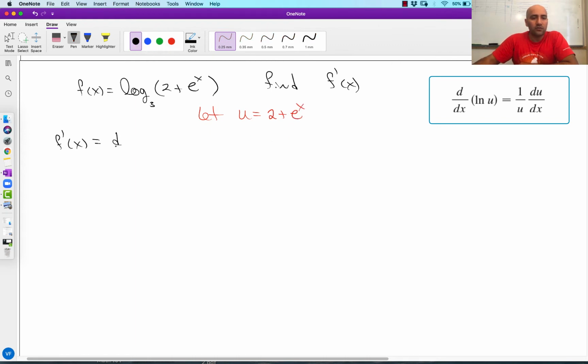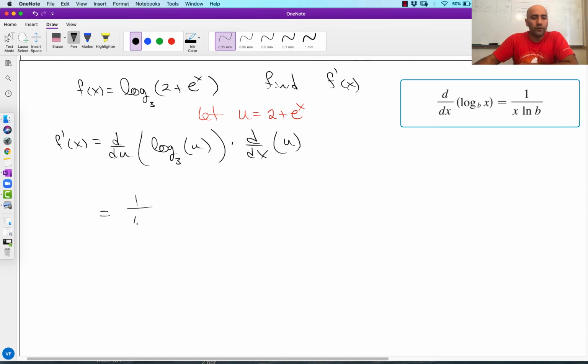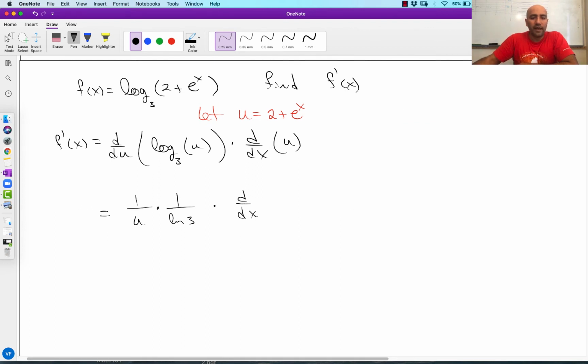So I'll have that this is the derivative with respect to u of log base 3 of u times the derivative with respect to x of the u, which gives me 1 over u times 1 over ln of 3 times the derivative with respect to x of the u, which is 2 plus e to the x.